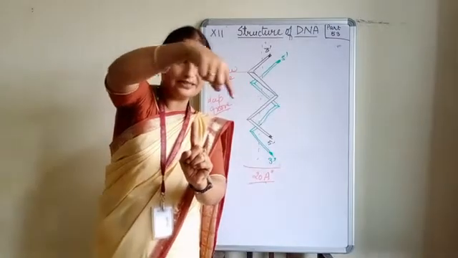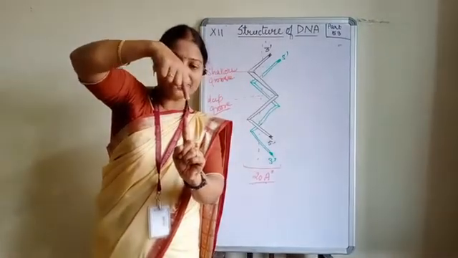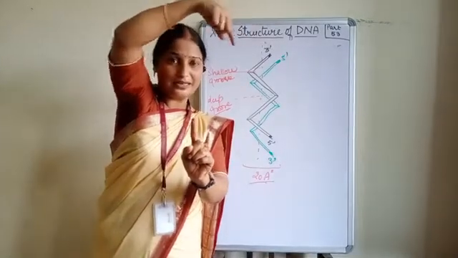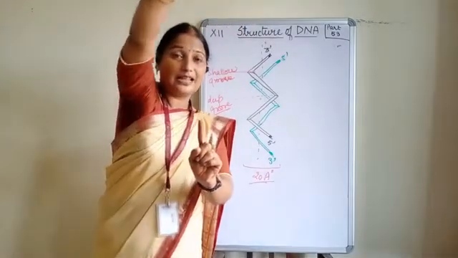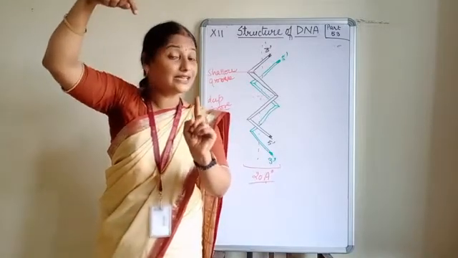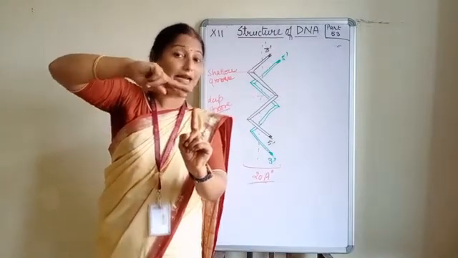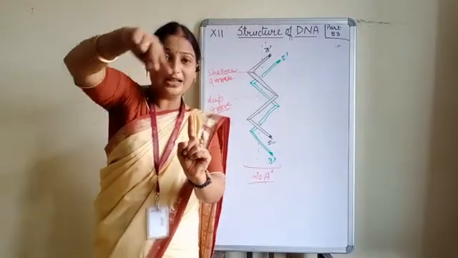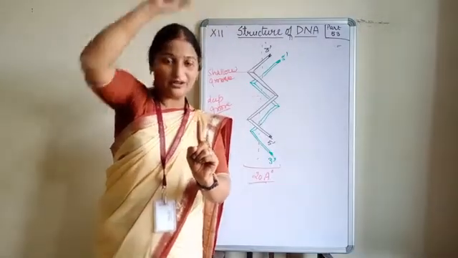See, like this, one complete circle, again move, second complete circle, again move, third complete circle. So without crossing each other, the two lines are moving and moving like this. Okay.